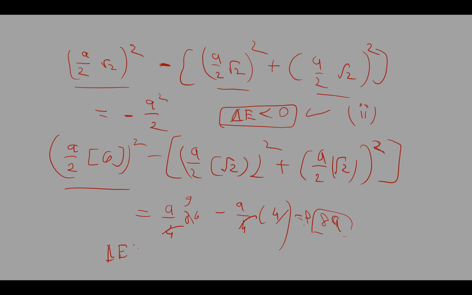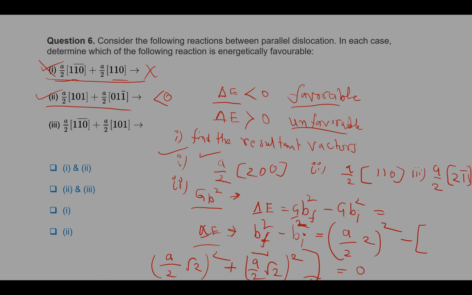Del A is greater than 0. That is unfavorable. Okay. So only option number two is possible. That is the last one.